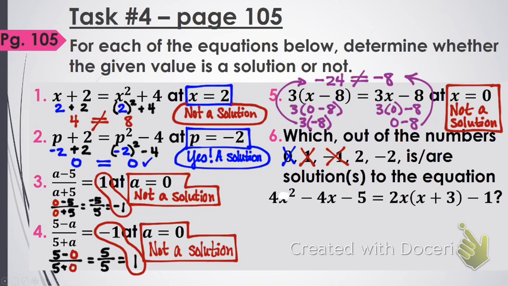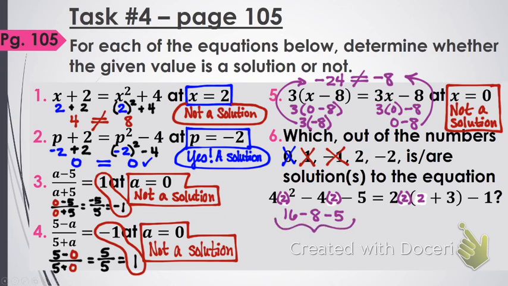What about when we use 2 in the place of those x's? What do I get on the left? 16. So we have 16 minus 8 minus 5.